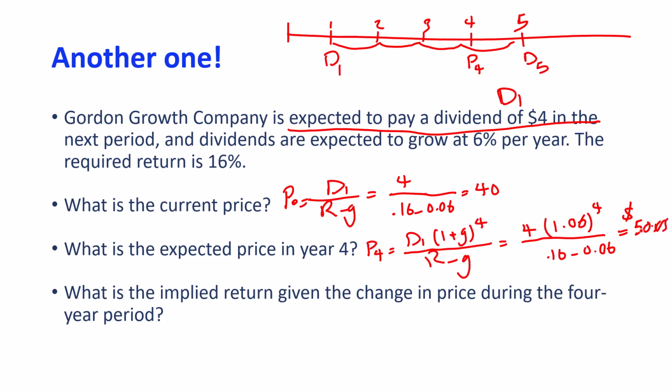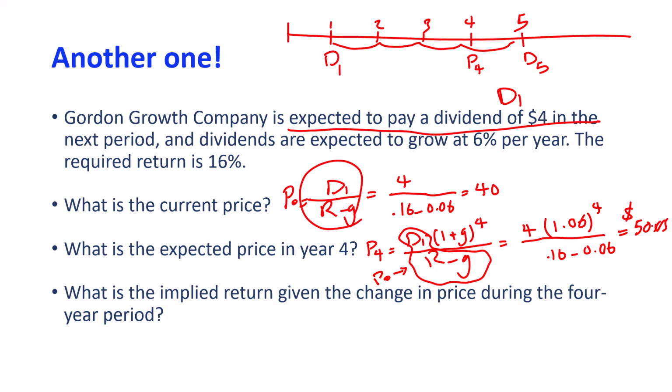We are going to draw a conclusion here that's very important. If you pay attention to this part, this is nothing but your P0, price today. See, you already have it here. So D1 over R minus G is your price today.